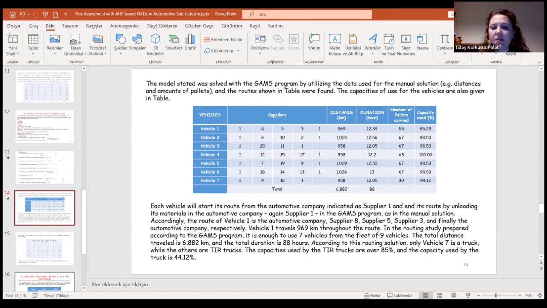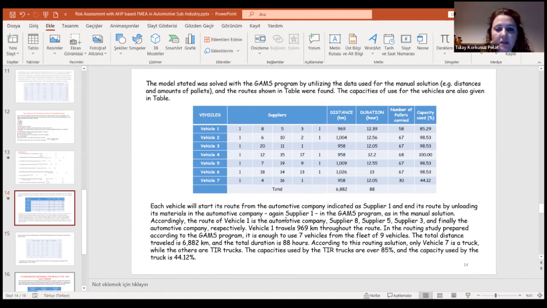Each vehicle will start its route from the automotive company, indicated as supplier 1, by uploading its materials in the automotive company, again supplier 1 in the GAMS program as in the manual solution. Accordingly, the route of vehicle 1 is the automotive company, supplier 8, supplier 5, supplier 3, and finally the automotive company, respectively. Vehicle 1 travels 969 kilometers throughout the route.